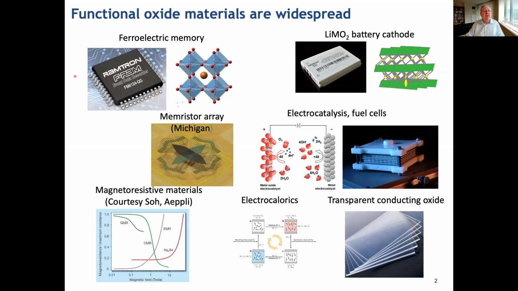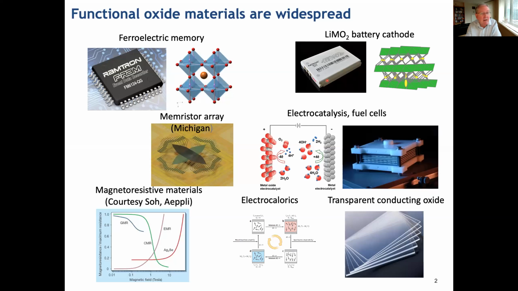In particular, they're in small devices like ferroelectric memory. Famously, transition metal oxides are the battery cathode of choice. They're used in electrocatalysis and fuel cells, materials with magnetoresistance. A favorite of mine is electrocaloric materials for refrigeration.